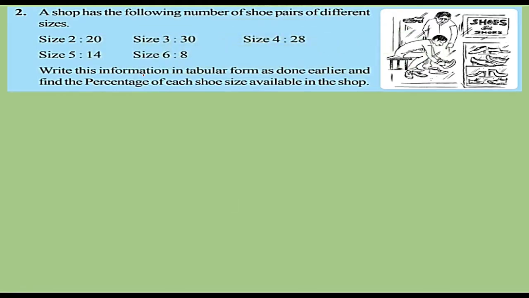Question number 2. A shop has the following number of shoe pairs of different sizes. Size number 2, 20, size 3, 30, size 4, 28, size 5, 14, size 6, 8. And we are supposed to write this information in tabular form as done earlier and find the percentage of each shoe size available in the shop.